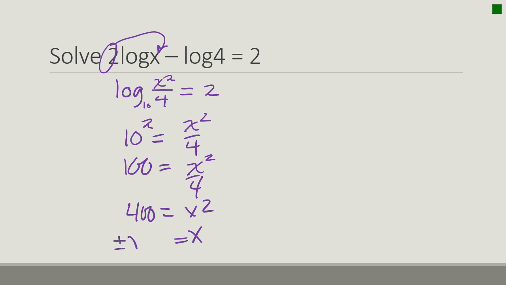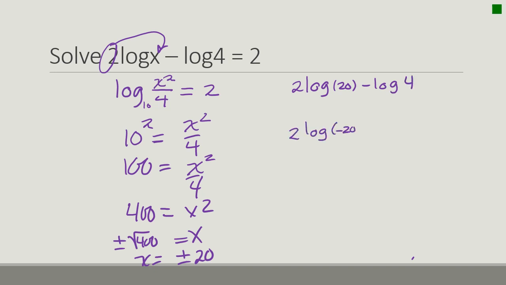So x equals positive or negative square root of 400, or positive or negative 20. Now you want to check this for extraneous roots just by putting it in: 2 log 20 minus log 4, and 2 log of negative 20 minus log of 4.